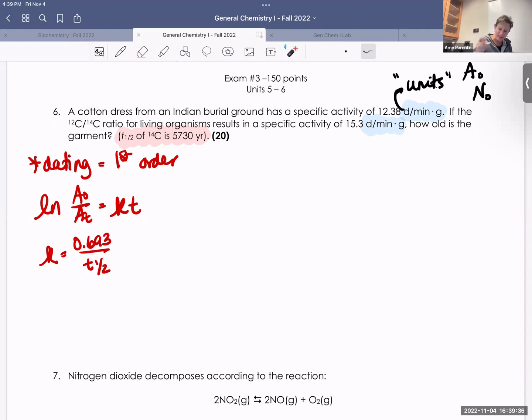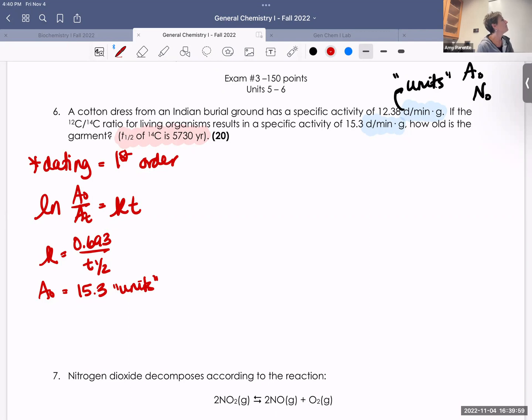What I like to do with these problems is keep track of all the pieces that we have. So what we start with, and this is the ratio for living organisms, is 15.3. I'm just going to call them units, because I think the D stands for disintegrations per minute times gram of substance.